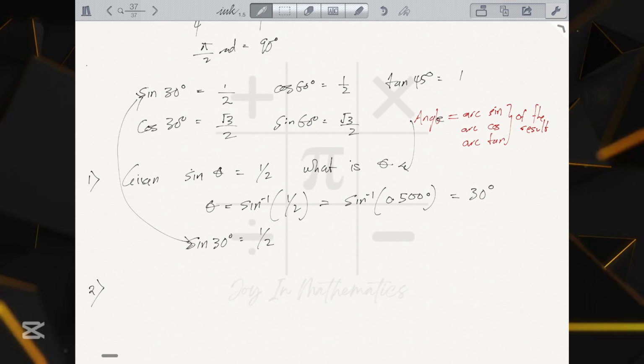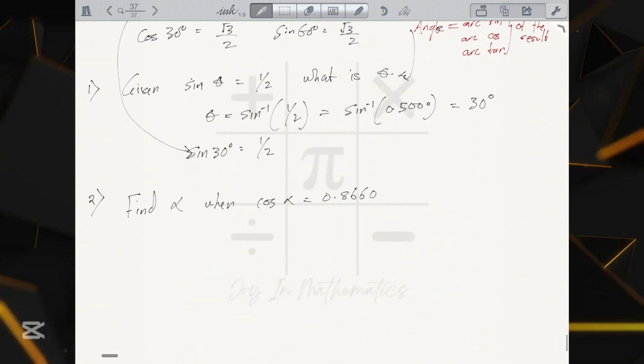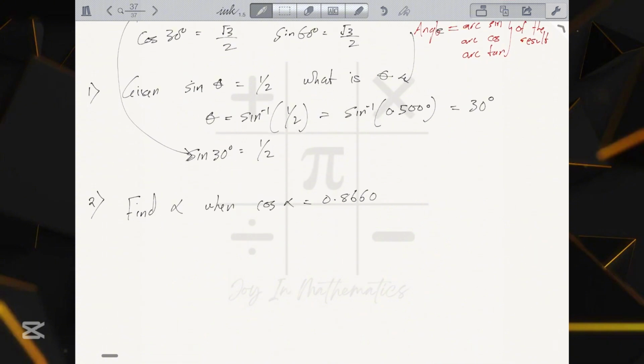Let's take another example. The question says find alpha when cos alpha is equals to root 3 over 2, or let's say 0.8660. Now remember that we are looking for the angle, and we are given the results. Therefore the angle is simply going to be arc cos.